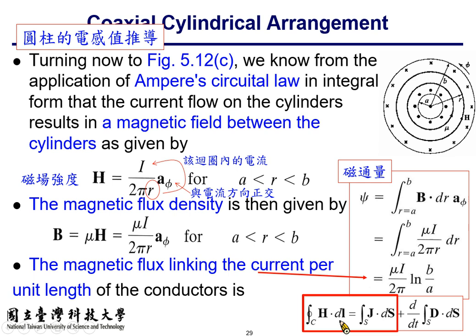The currents flowing in the opposite direction still produce a magnetic field, but their overall effect cancels, so you don't have to worry about it.